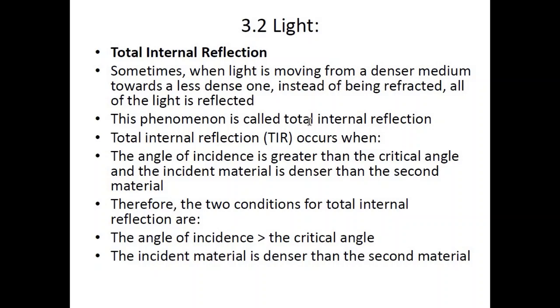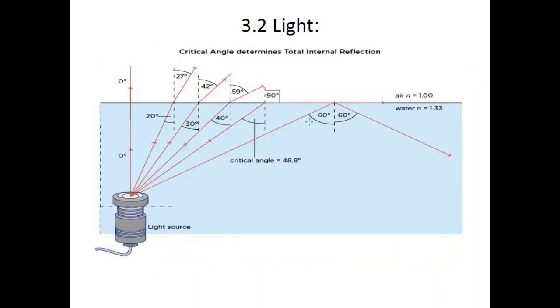So normally total internal reflection, TIR for short, usually only occurs in solids. This is an image. For example, over here the critical angle is 48.8 degrees.